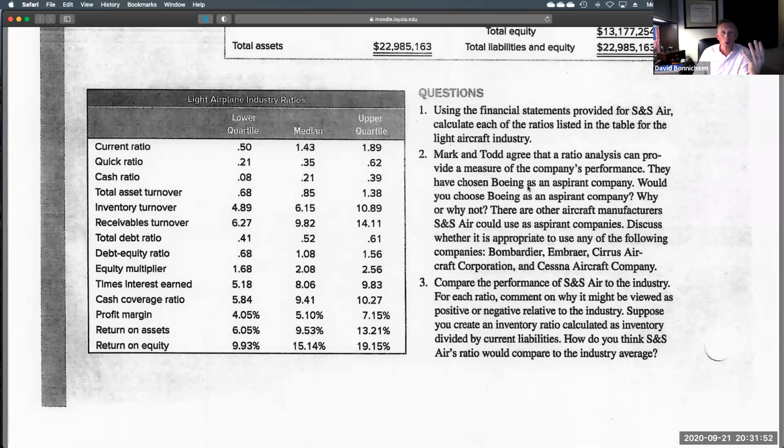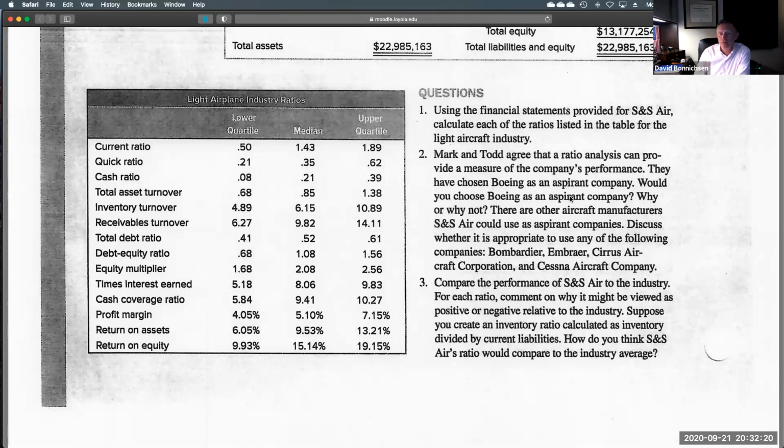Boeing: is Boeing a good company for S&S Air to aspire to become? Maybe, maybe not. When you read about S&S Air's business model and Boeing's business model, are they really comparable to one another? That's for you to decide.